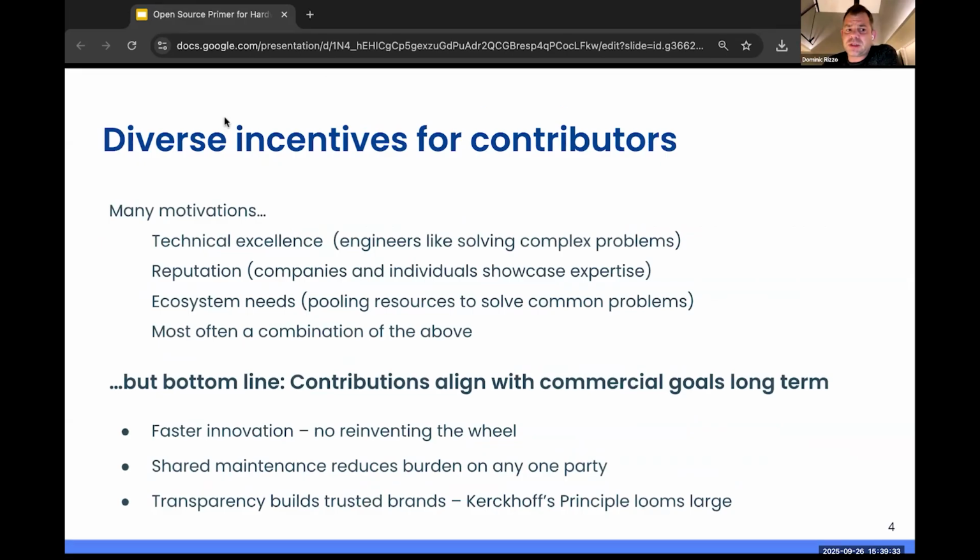There are a lot of different reasons, a lot of different ways people come to contribute to open source. Some of them are as simple as it's interesting, or someone wants to solve a hard problem. So degree of technical excellence, reputation is a large reason. Often companies will want to demonstrate that they have viable, commercially relevant skill sets in a particular domain.